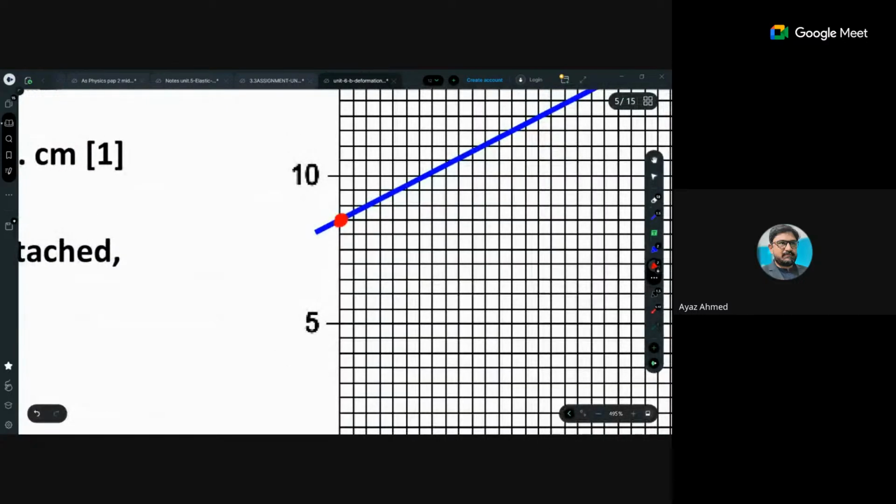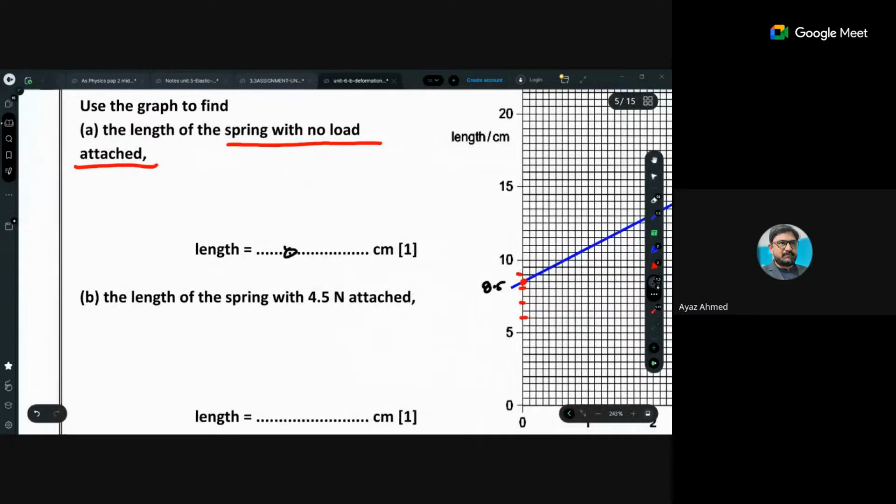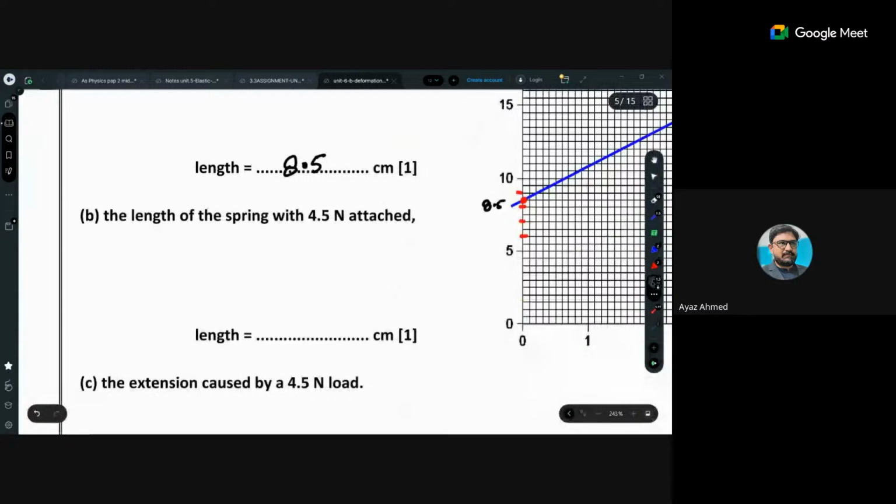So how much is that? 5, 6, 7, 8, 8.5. Very good. So it is 8.5 centimeter. So what will I write? 8.5 centimeter.